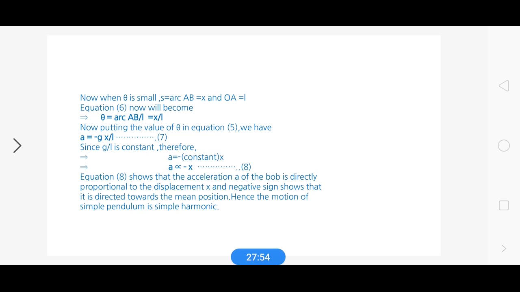So this equation A proportional to minus X shows that the acceleration of the bob is directly proportional to the displacement X, and the negative sign shows that it is directed towards the mean position, and hence the motion of the simple pendulum is simple harmonic. We got a relation, that is A is equal to minus gx by L.